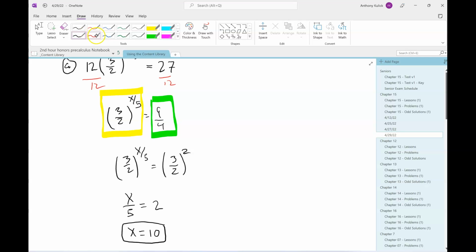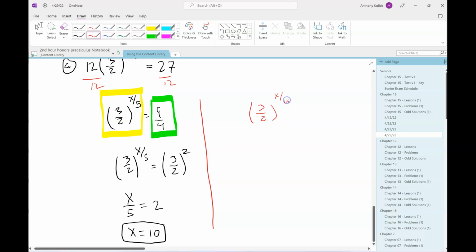Now, alternatively, or equivalently, I should say, let's say we're here, and sometimes it's really difficult to find a way to rewrite the two sides so they have the same exponent base, right?